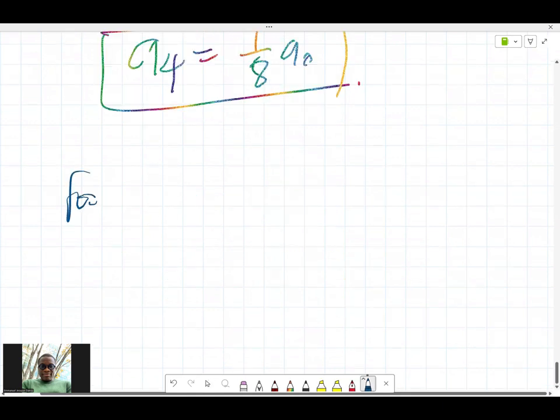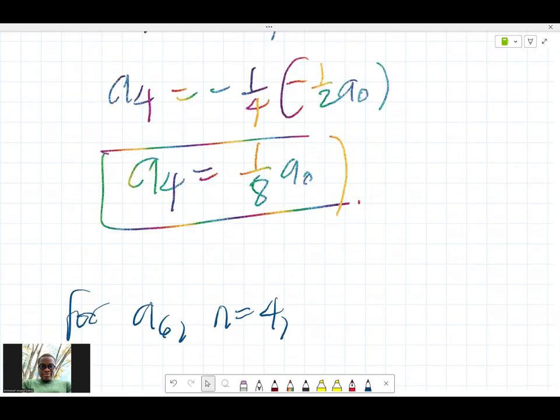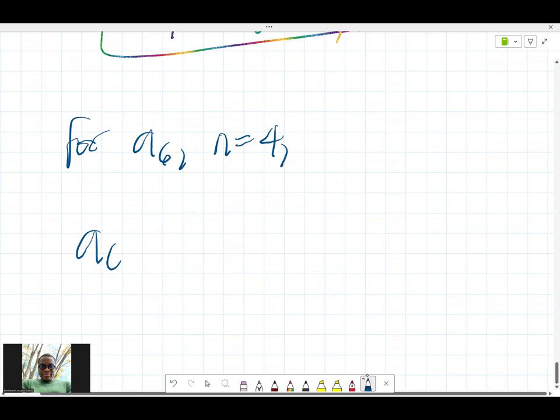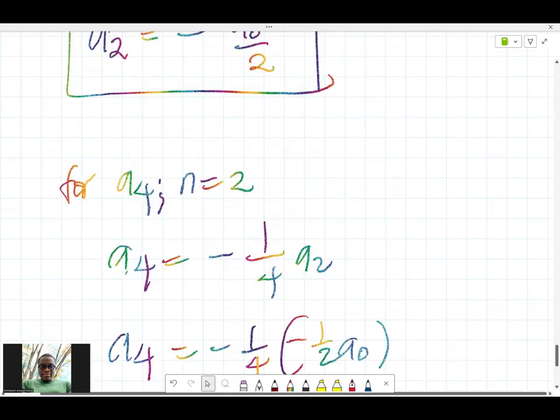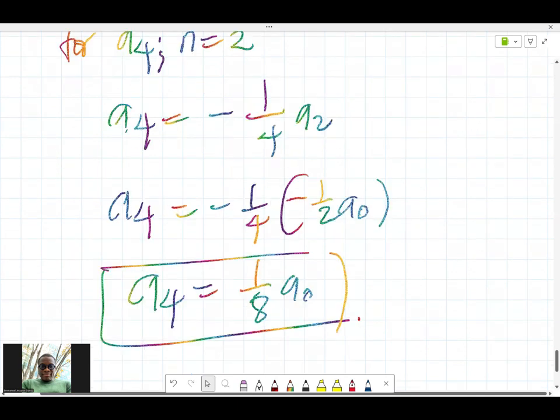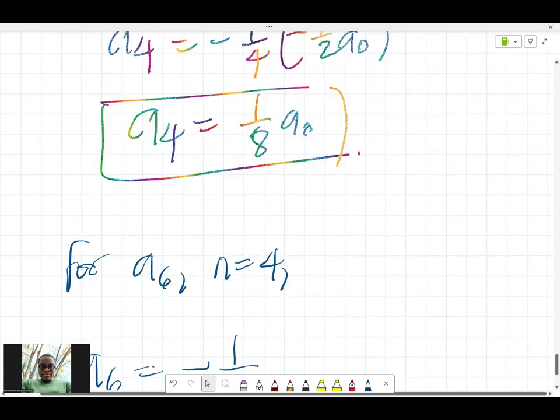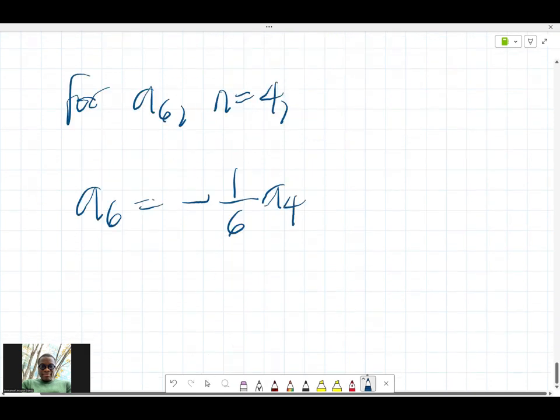So for a6, that means that n has to be equal to 4, based on what we have here, because 4 plus 2 will give us 6. So we have a6 is equal to minus 1 over, since n is equal to 4, so that will be 1 over 4 plus 2, 6. Then an, that will be simply a4. Interestingly, we have a4 up there.